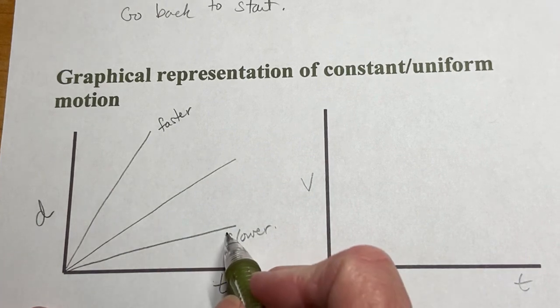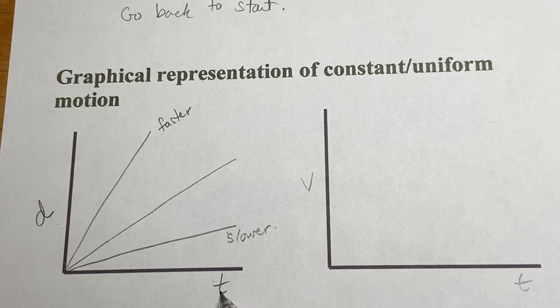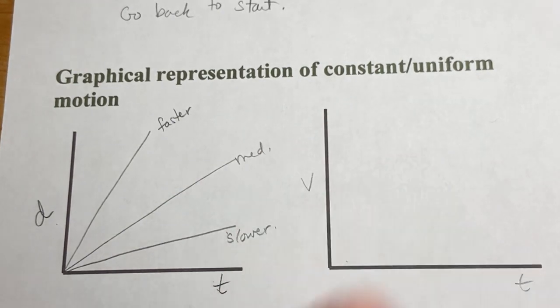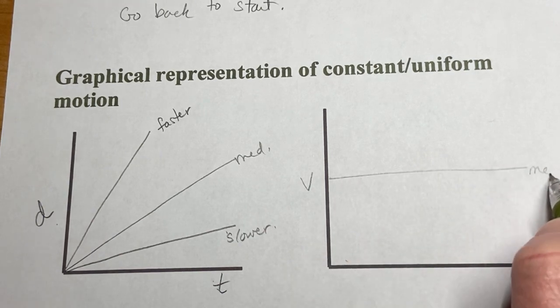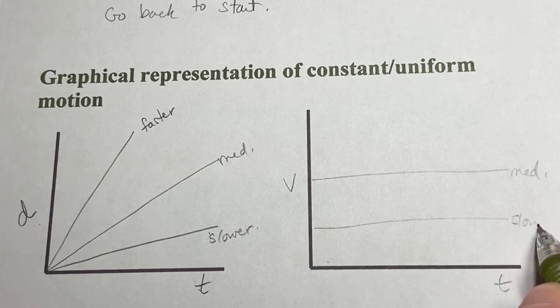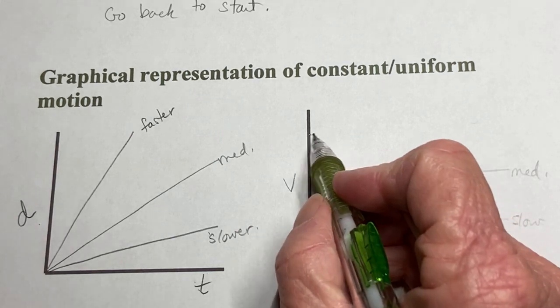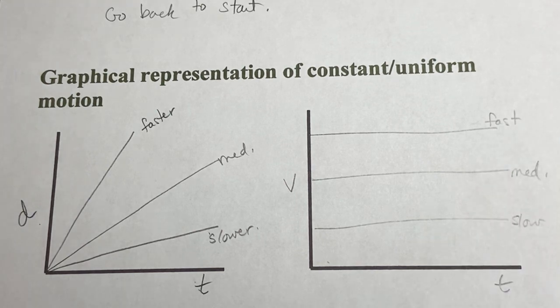Whatever the slope is, remember distance over time is going to give me the velocity, and the velocity stays the same because the slope stays the same. So on here, we'll call this medium speed. Medium speed might be here. Slow just means it's lower, and fast just means it's higher.